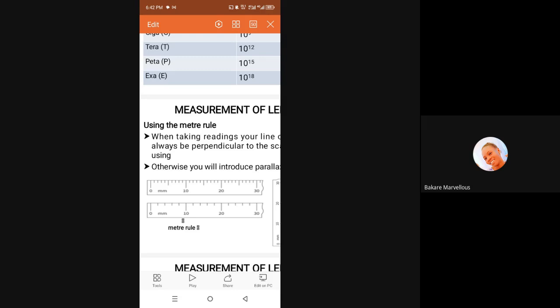Is there a difference between a ruler that is calibrated in cm and one calibrated in mm? Yes, there's a difference. So what's the difference?